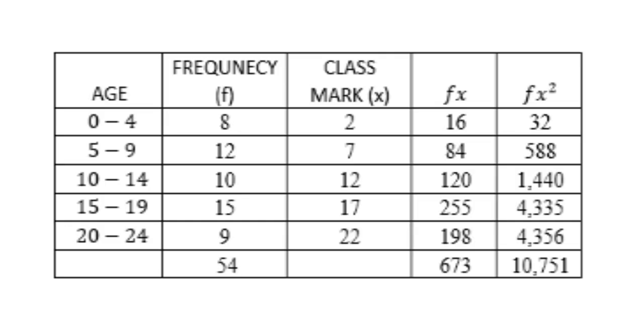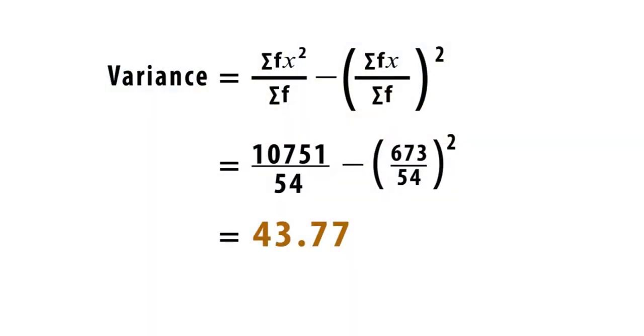Now let's continue. Variance. How do you get a variance? The formula is sigma fx squared over sigma f minus, in brackets, sigma fx over sigma f, all squared. So we substitute the values.